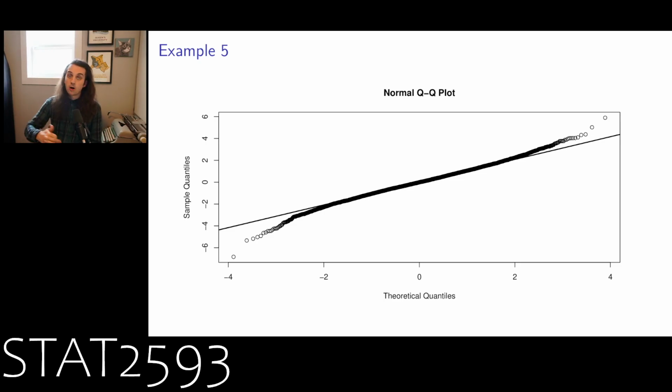We are getting smaller values than would be predicted on the negative end, and we're getting higher values than would be predicted on the upper end. And so what this is really telling us is that while this distribution looks like it's probably approximately the right shape, we need to have heavier tails. We need there to be more probability of a more dramatic event. So a graph like this is also not going to be a great probability plot.